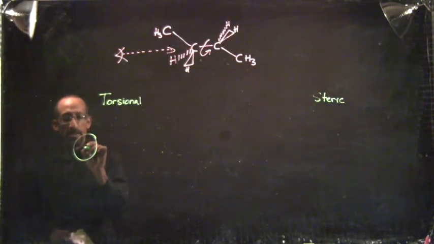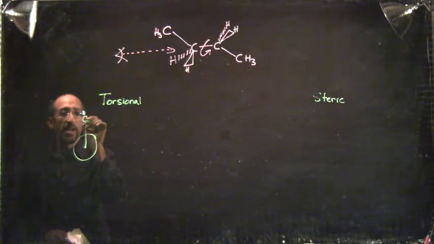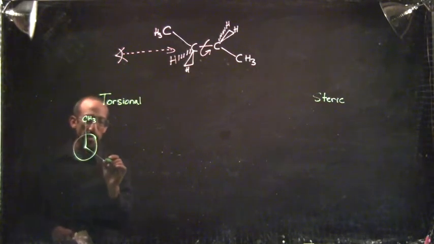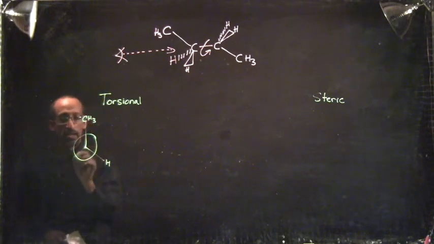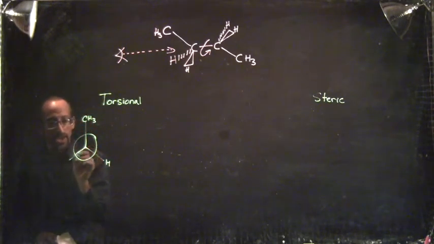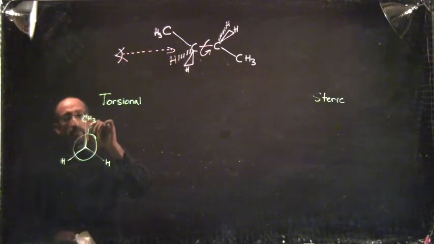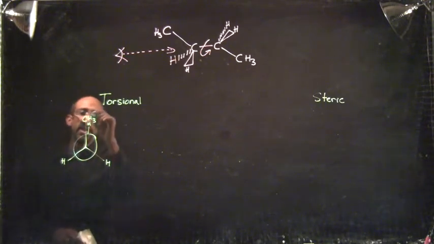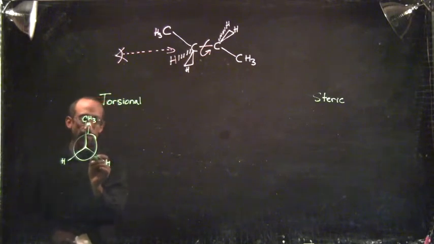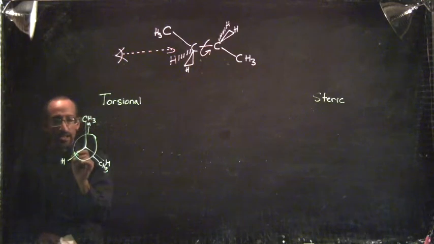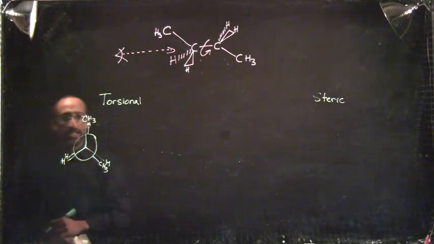There's my front carbon. And I'm going to set a methyl group in the up position. I'm going to put 1 of each hydrogen down here. And now I'm going to put a hydrogen here eclipsed by that methyl group. We'll put our back methyl group here. And finally, our last back hydrogen here.